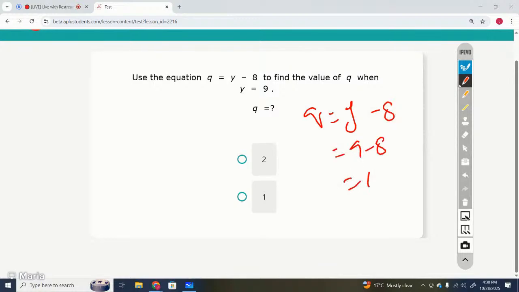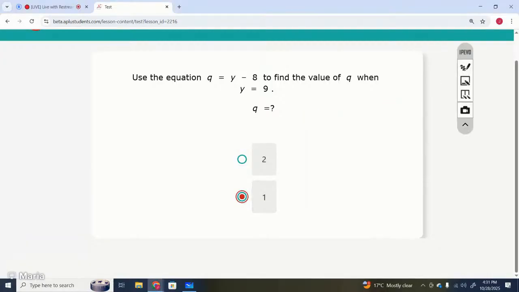That would be 9 minus 8. That equals 1. So the correct option is option number 2, that is 1.